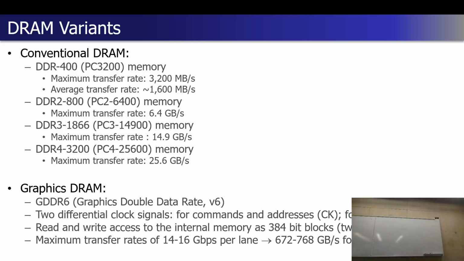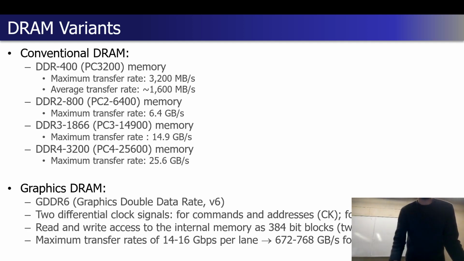And you can get a rough order estimate of the type of bandwidth that is possible here. I have to be a little bit careful with my bits versus bytes, but you can measure it based on the number of data lanes that are available and the clock speed that those data lanes are operating at. Of all these different versions, it really depends on the device that you are interfacing with.